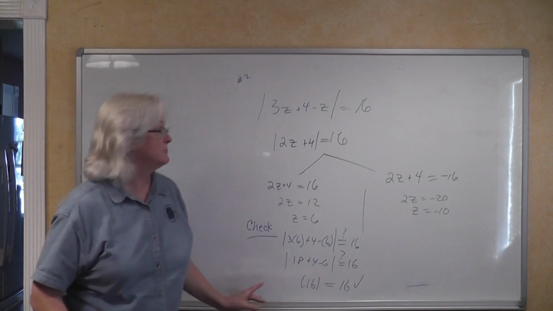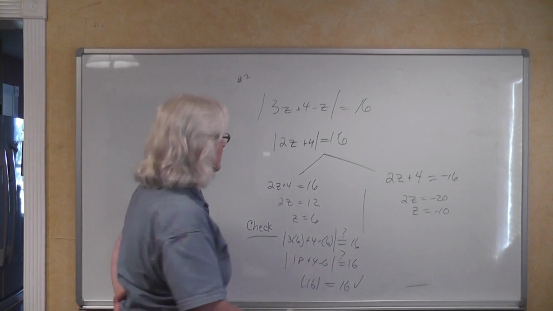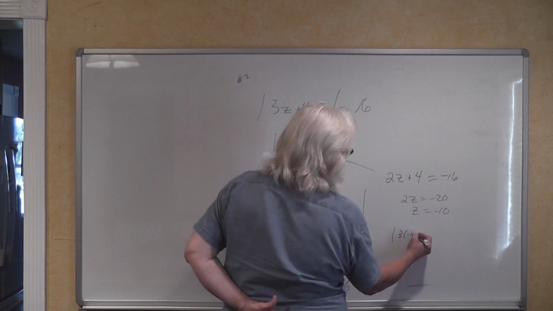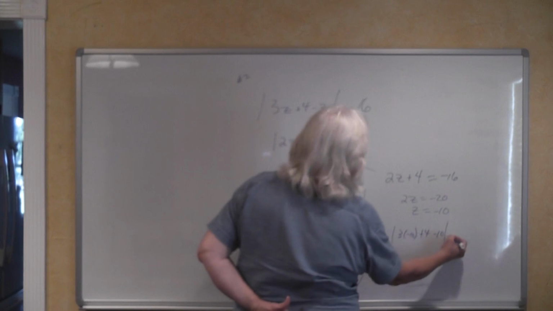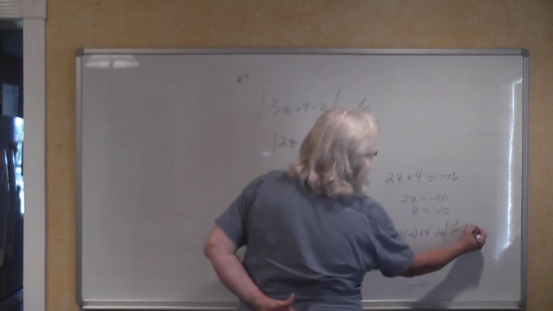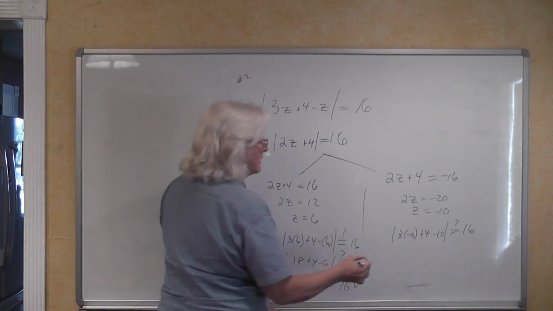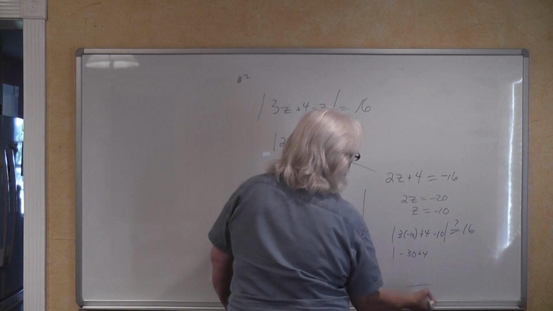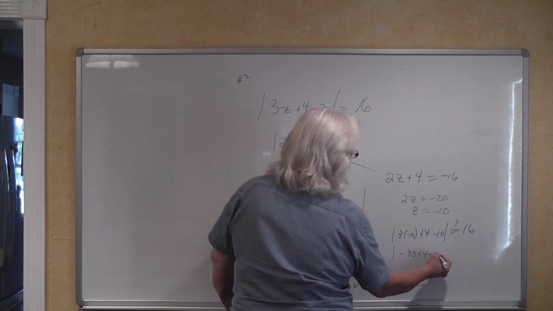This one works. Let's see what happens with this value over here. Absolute value of 3 times a negative 10 plus 4 minus 10, is that equal to 16? Simplify within the absolute value brackets again. Minus 30 plus 4, minus 10.